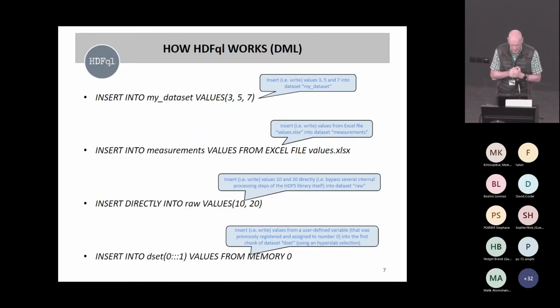So in this last example, where you see memory 0, he has a kind of stack model, where when you create a data structure, you can register it with HDFql, and it in return just gives you a non-negative integer identifier that you can then use in a query.